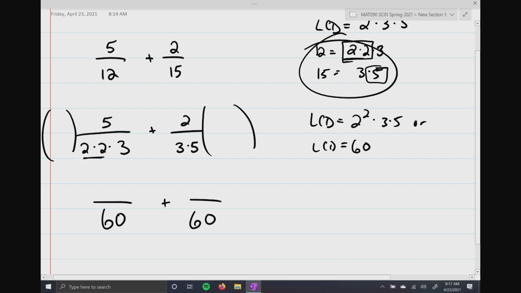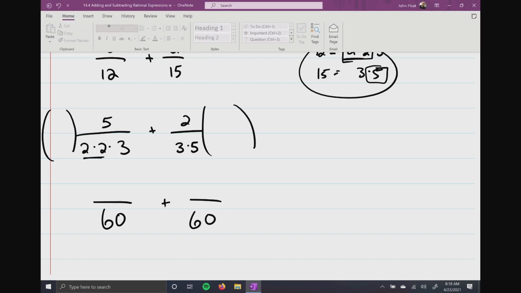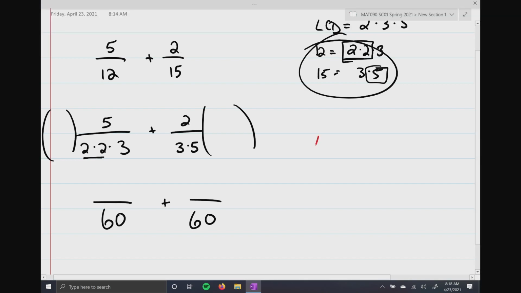The first fraction already has 2 2's. In fact, let me do this so you guys know exactly where I'm going with this. So if I look at my first denominator, 2 times 2 times 3, watch what I do.